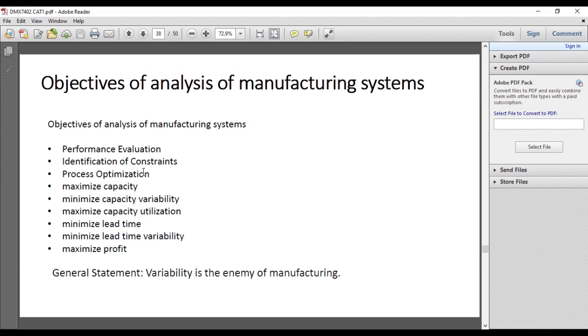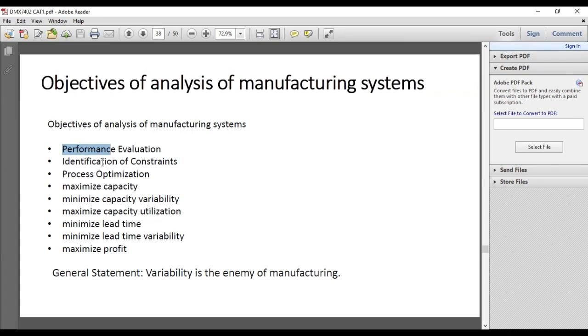So why we analyze, as we discussed before: evaluate performance, identify constraints or bottlenecks, optimize the flow process, and maximize capacity variability. That means for different lot sizes, maybe you have to change the manufacturing process.